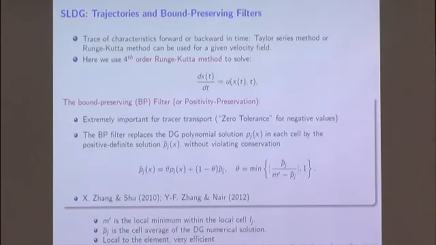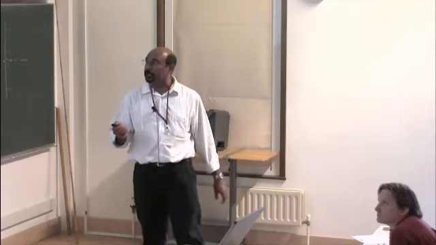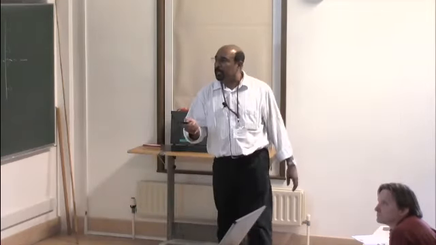Now I am applying a filter. This is a very cheap filter recently developed by Zhang and Xu, which works really well for spectral element grids. So imagine Pij is your solution at a given time level, which is oscillatory and has negative values. You don't want to see negative values in many tracer equations. So this is the filter applied.